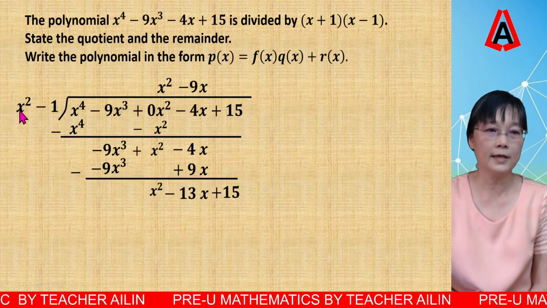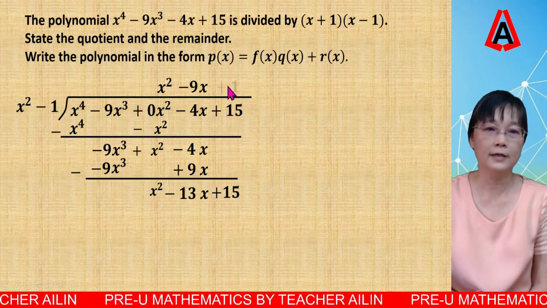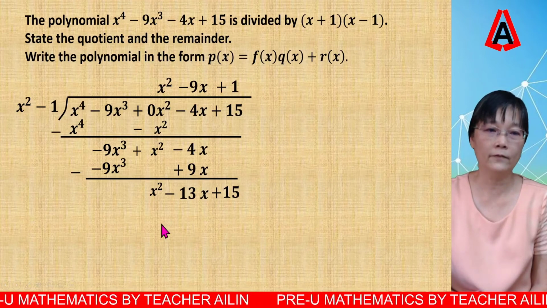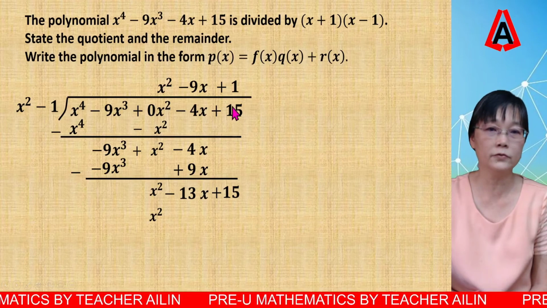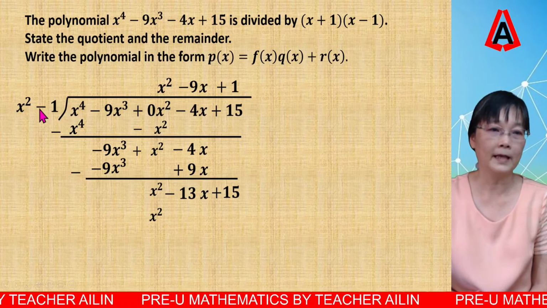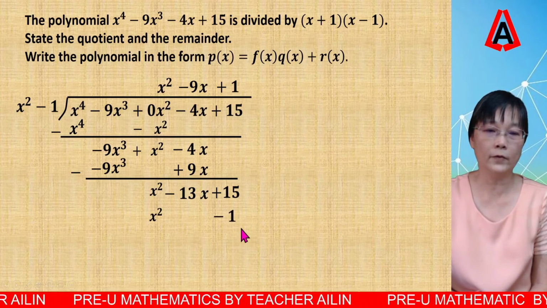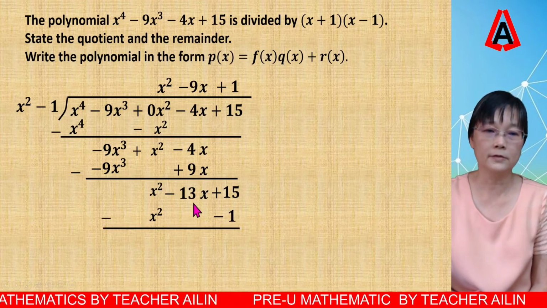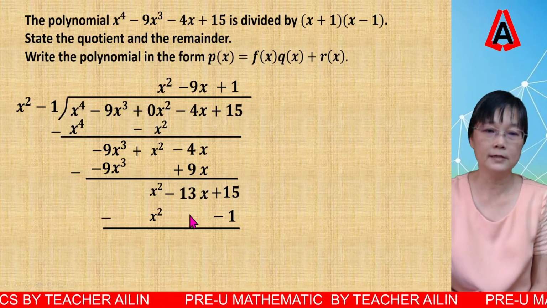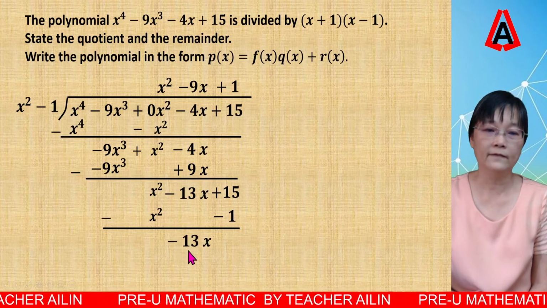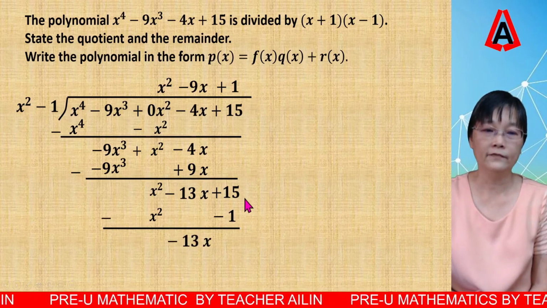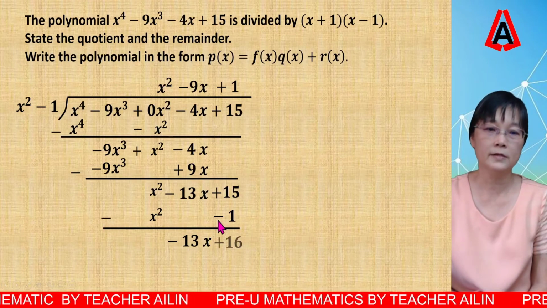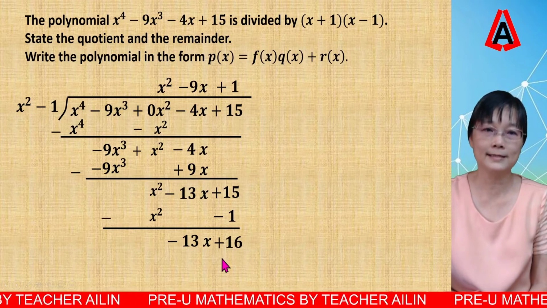So for this one, x power 2 definitely is plus 1, so x power 2 times positive 1, we get x power 2. So 1 times negative 1, we get negative 1. So when we minus x power 2, it becomes 0. So negative 13x minus 0, negative 13x. 15 minus negative 1, negative becomes positive, so becomes plus 16.